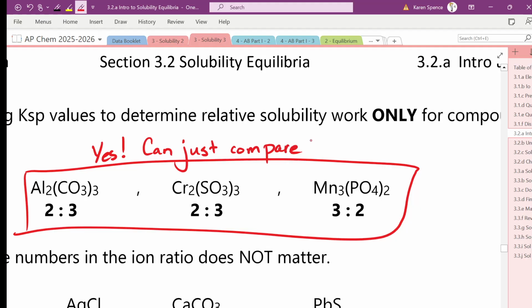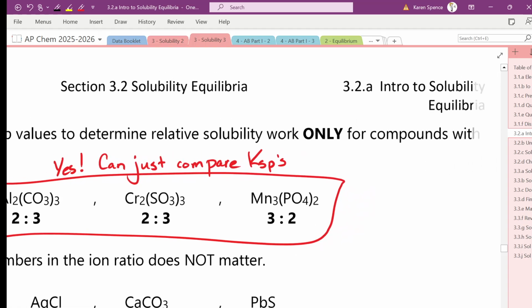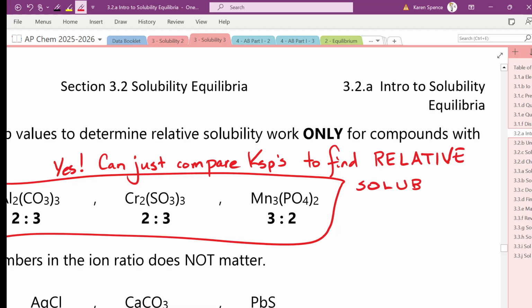We can just compare KSPs to find the relative solubilities. There's no math necessary.